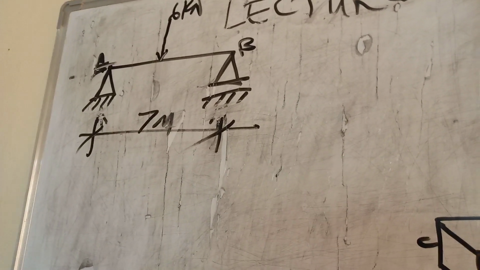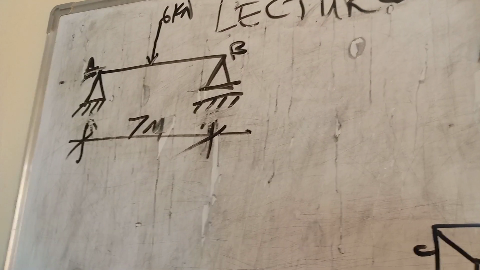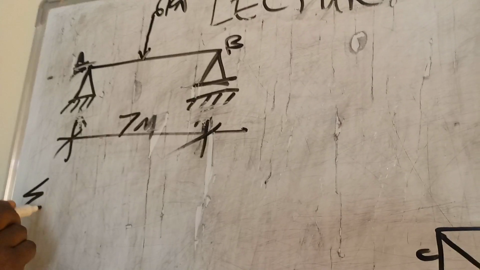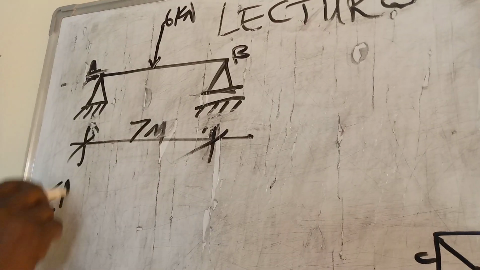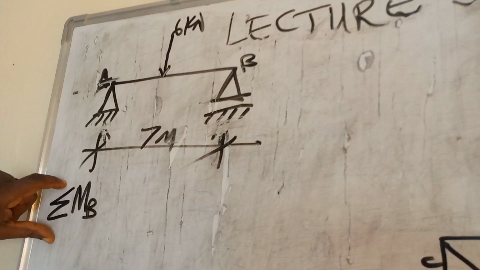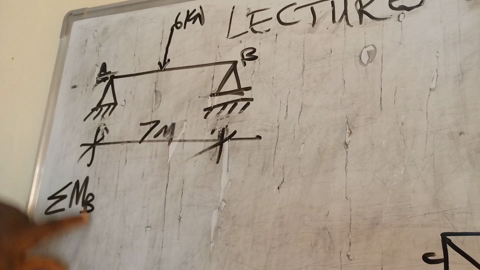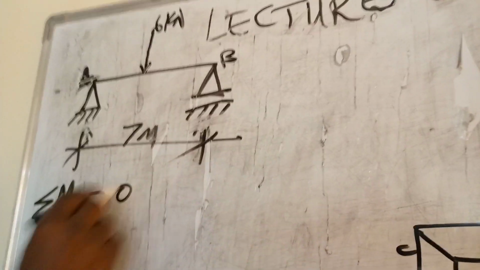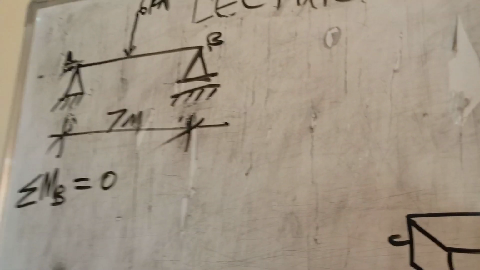So let's say we want to get reaction A. What we do is take bending moment about support B. This sigma means total moment. The total moment about support B is equal to 0 for this structure to be in equilibrium.